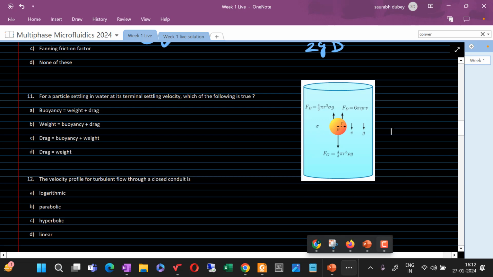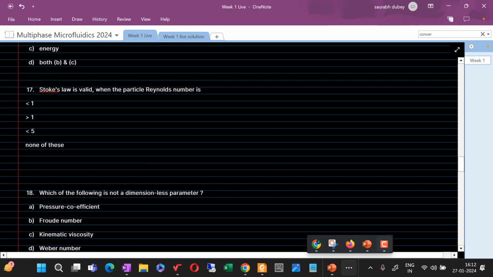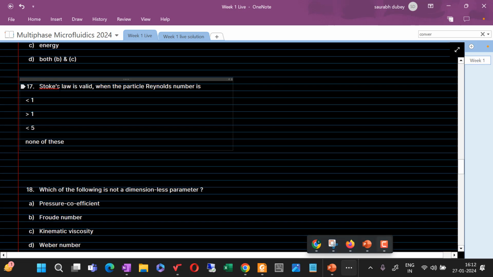What is the formula for drag of a particle moving under the Stokes limit? I have kept a question on the Stokes limit also. What is the Stokes law? Stokes law is valid when the particle Reynolds number is very low, less than one.